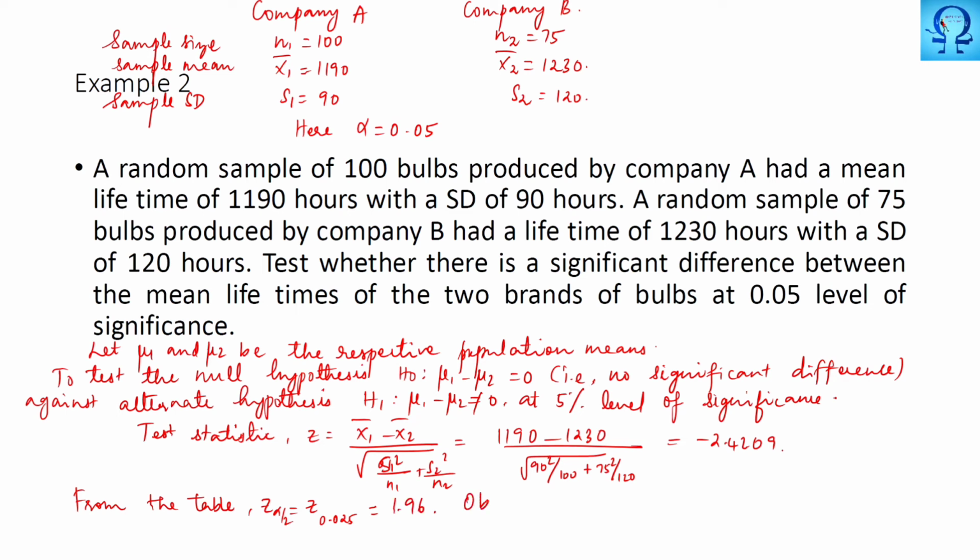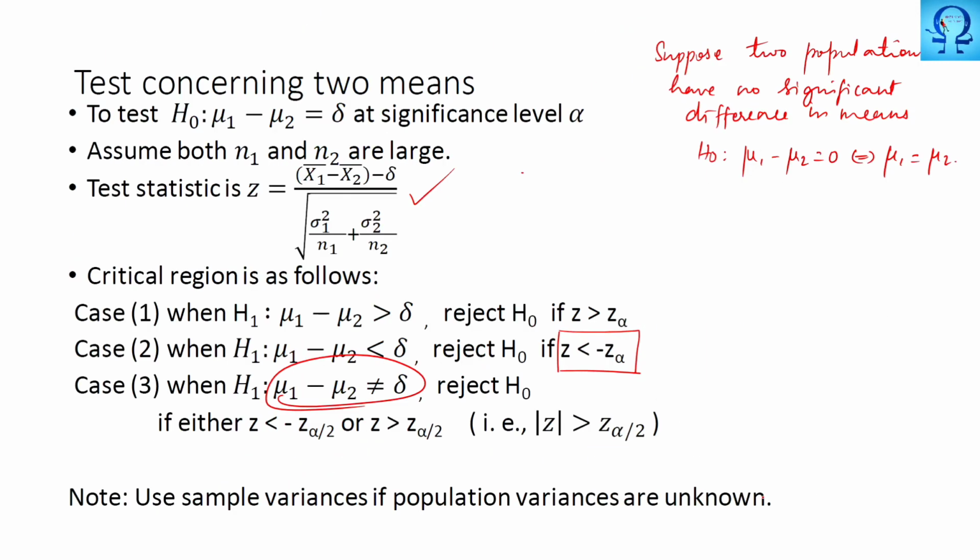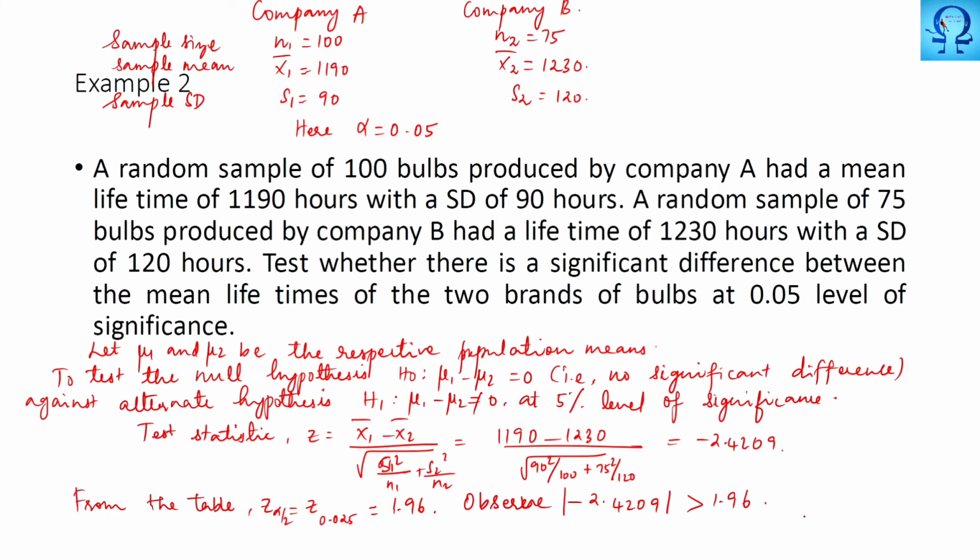Okay, so observe what is our z value, absolute of this quantity is to be compared with this one, so it is bigger. Okay, so if it is the case, what should we do? We have to reject null hypothesis, hence reject H naught. So when we reject H naught, of course we are going to accept the alternate hypothesis.